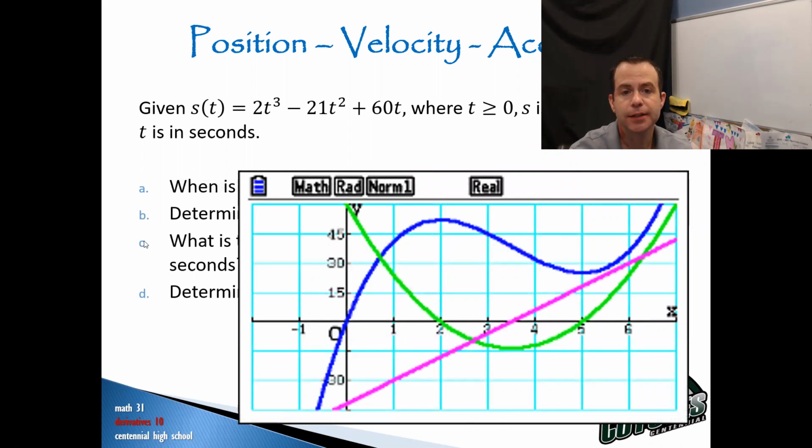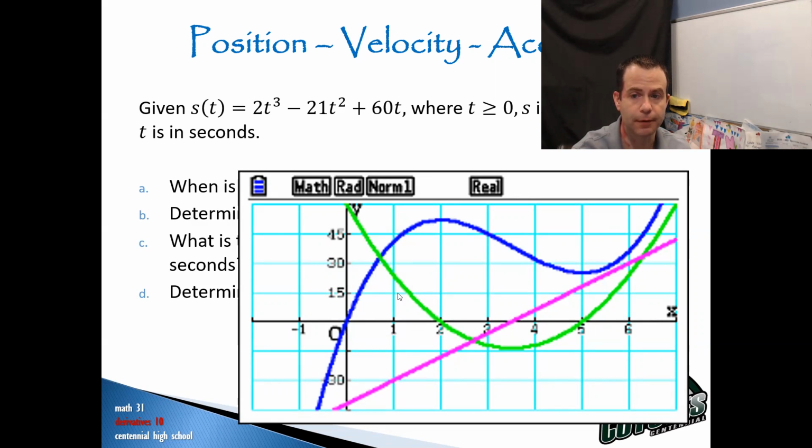Just for your own benefit, I've graphed all 3 of these functions. The blue is my original position function, the green is my velocity function, and the pink is my acceleration function, okay? If I follow the blue for a second, I want you to notice that as I change direction here, that's where my velocity is 0, right?